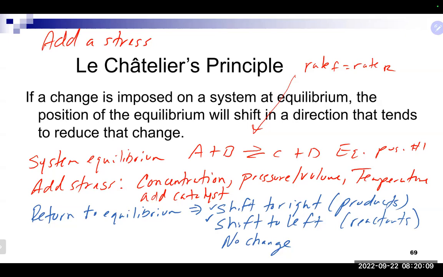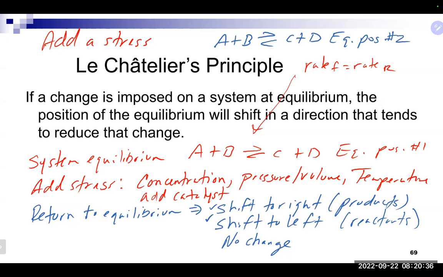But there are a couple of instances when you could do something to it and it really will not cause any change. So as the reaction readjusts itself from the stress that you added, it will once again return to an equilibrium state. This would be like equilibrium position number 2.